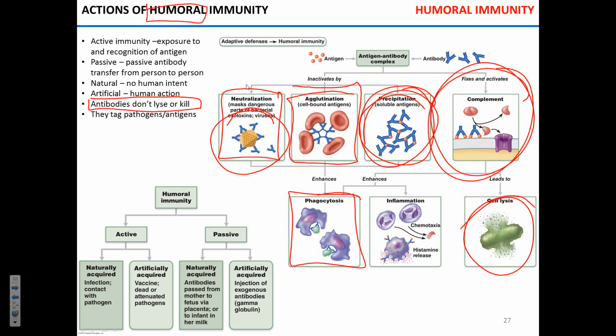Yeah, infection. You can be infected, right? Now that's unfortunate. Or you can get a vaccine. That's also active immunity. So your B cells actually recognize the pathogen and produce antibodies. So you get your memory B cells, it's all good.